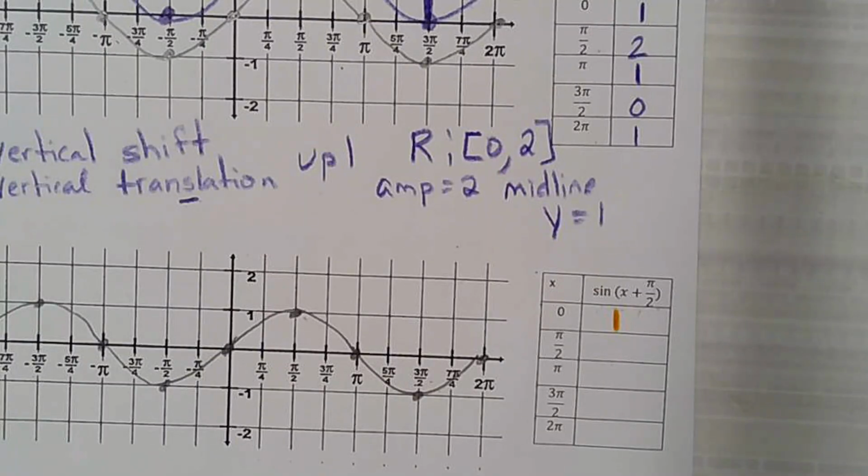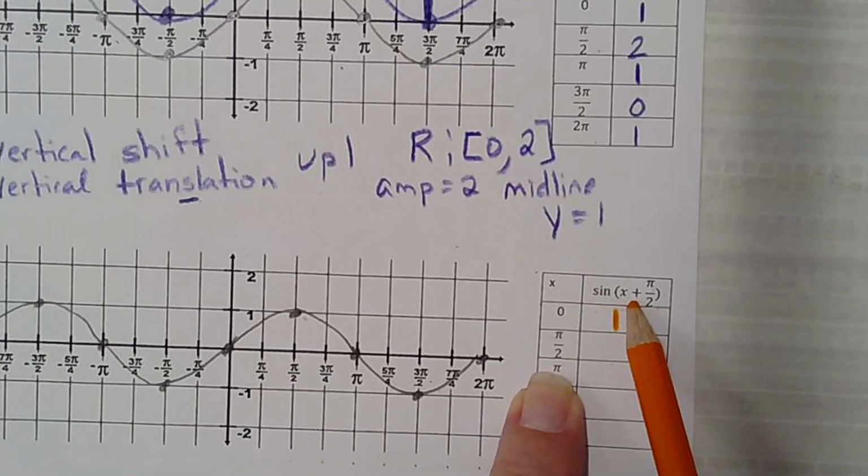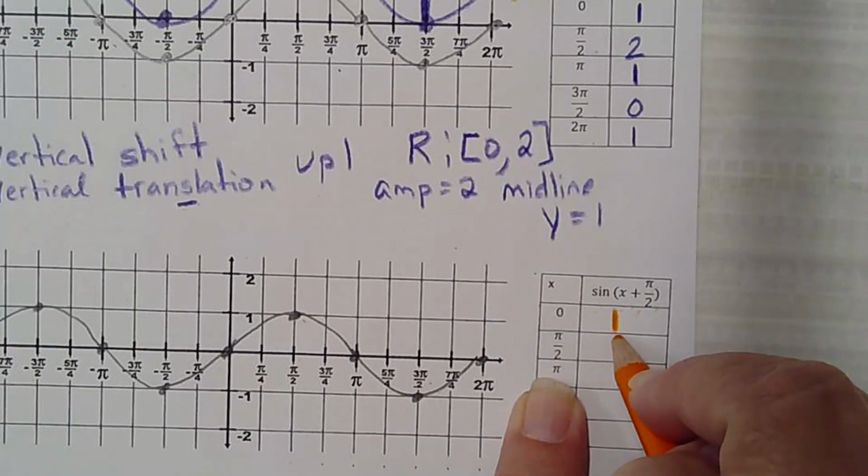Does that make sense to everybody? So now I'm going to plug in a pi over 2. I'm going to do this addition first. Pi over 2 added with pi over 2 would equal pi. So what's the sine of pi? The sine of pi is 0.